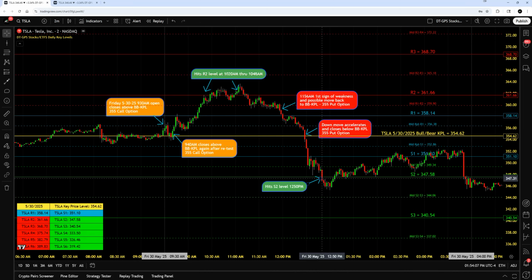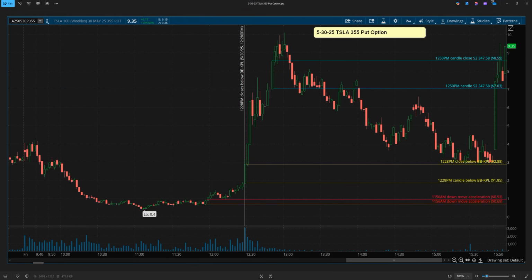If you hesitated and gotten out later, then you could have gotten a little bit more as it moved down, but this is where you would have gotten out at the S2 level. So anywhere from 703 to 855 is where you would have gotten out after entering either the conservative entry at 185 to 288, or if you took the more aggressive early warning, then from 69 to 93.